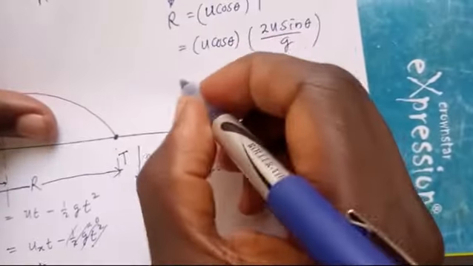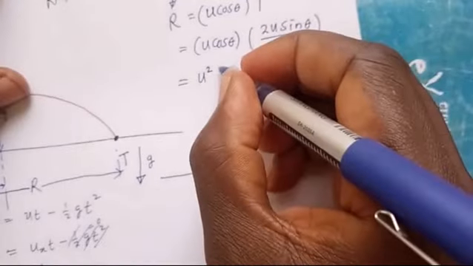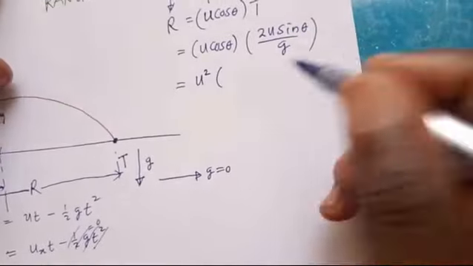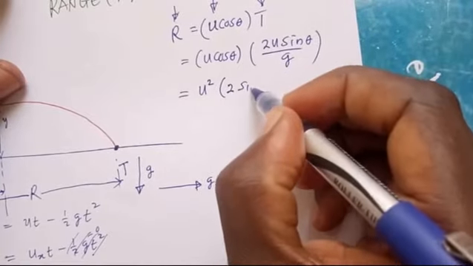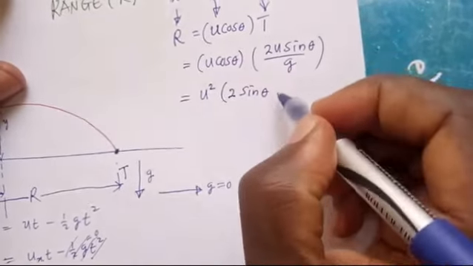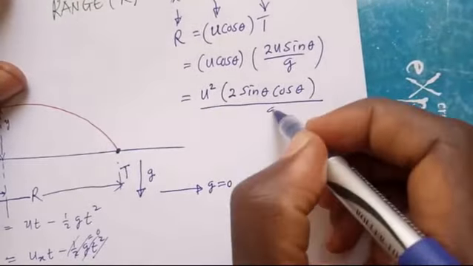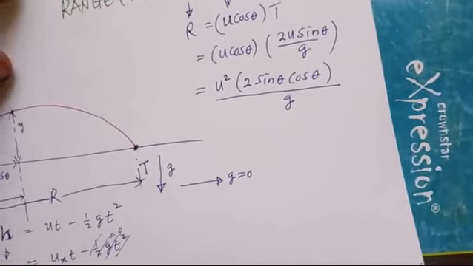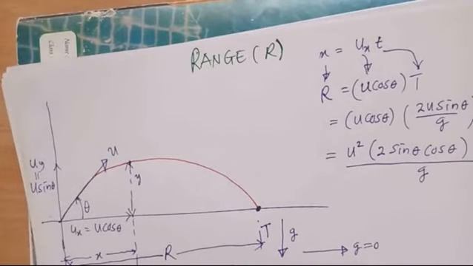Then you continue. This is equal to u times u, which is u squared. Then you open bracket; there is something we want to achieve here. You write 2, you bring sine theta, and then you bring cos theta, and then you close bracket, divided by g. Now we have to simplify the expression in bracket. In mathematics, there are what they call trigonometric identities.